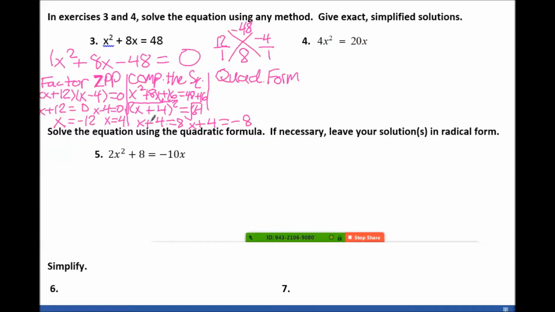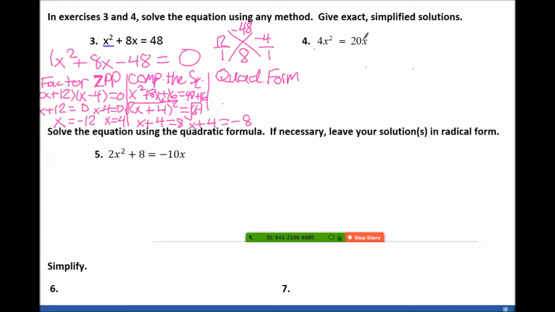If you subtract 4 from both sides, you get x equals 4. Oh, hey, look at that. If you subtract 4 from both sides, you get x equals negative 12. Both methods work. So will the quadratic formula. But I'm not going to show the quadratic formula because we're going to show it on another problem in just a minute.